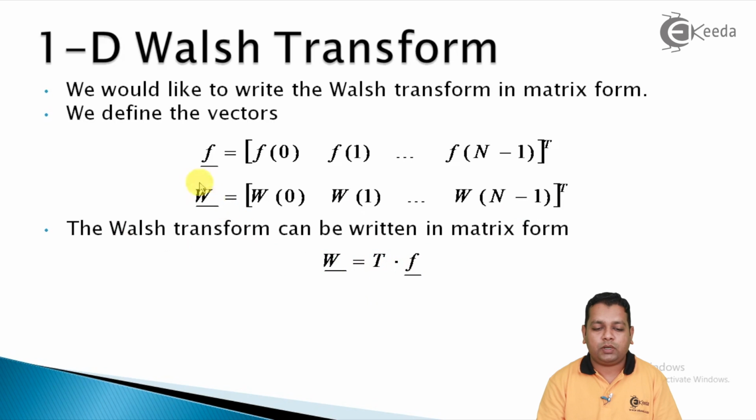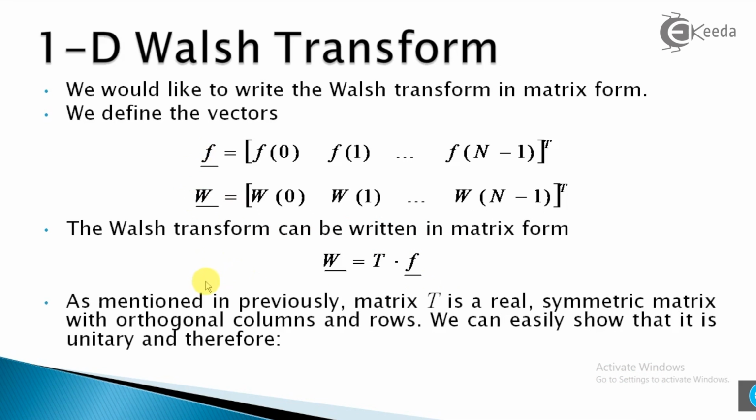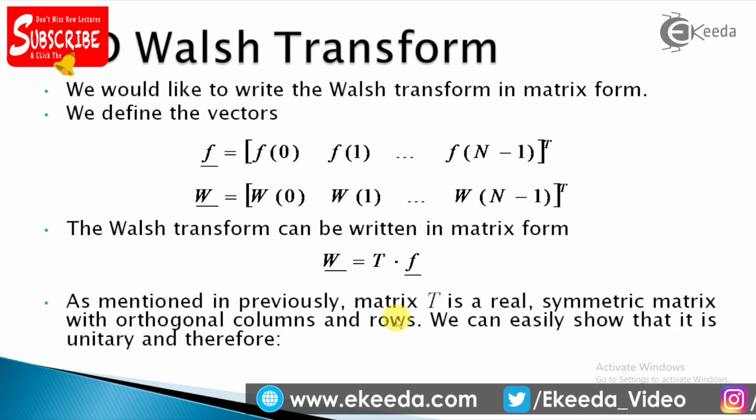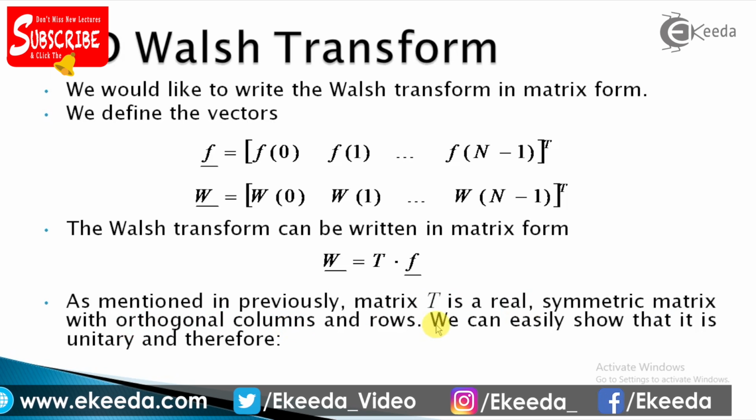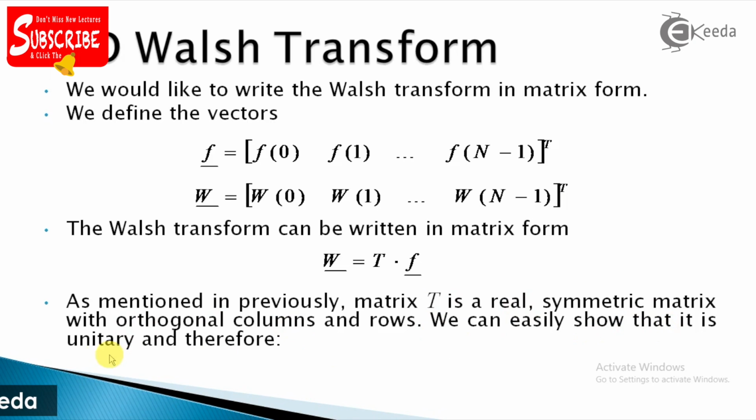With the help of this relation, we can talk about the relationship between the input and output of the Walsh transform. As mentioned in the previous case, the matrix capital T is a transformation matrix with real values. It is also a symmetric matrix following orthogonality with respect to the columns and rows, and we can easily show that it is unitary.